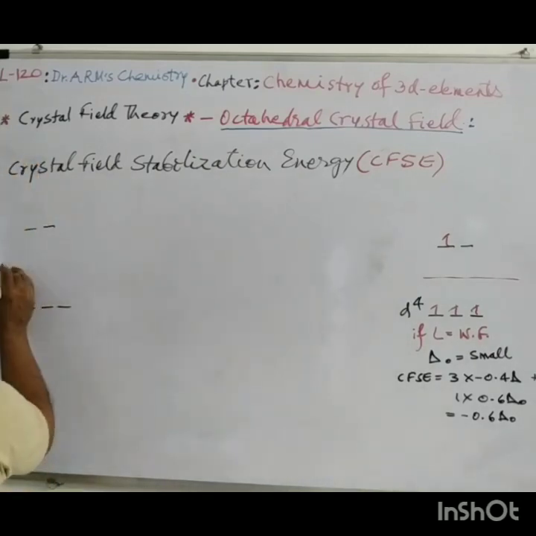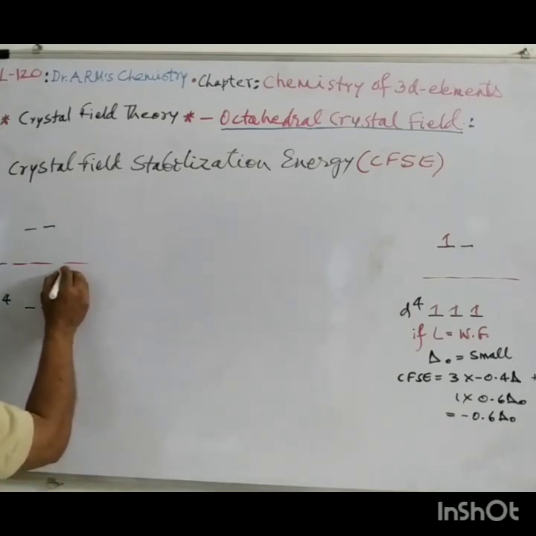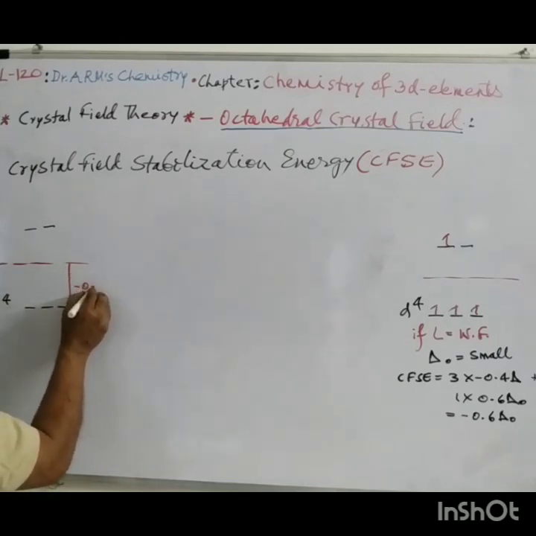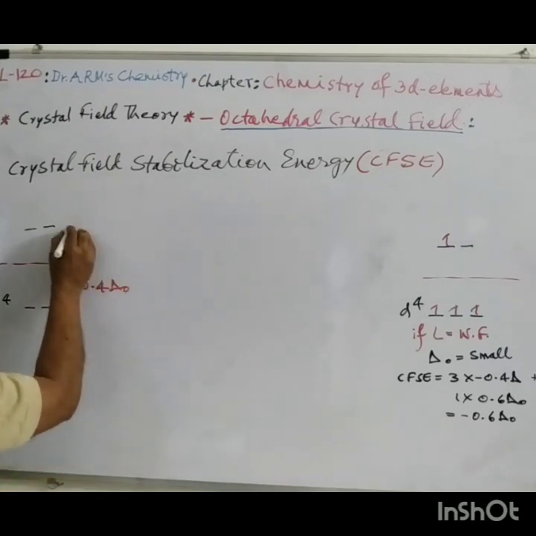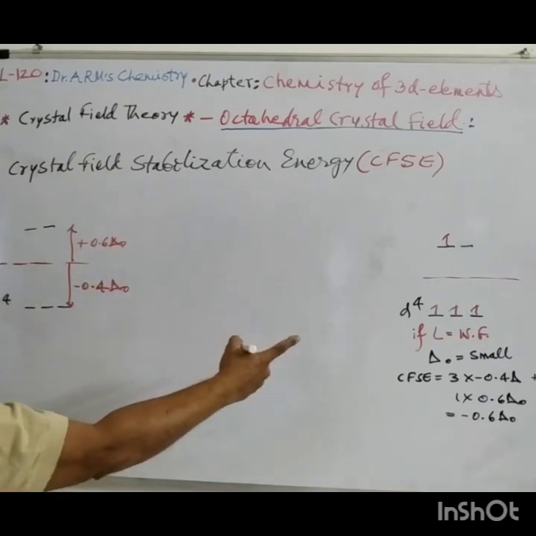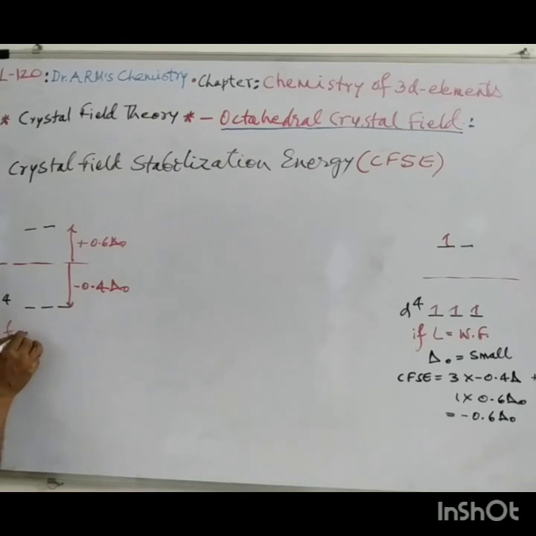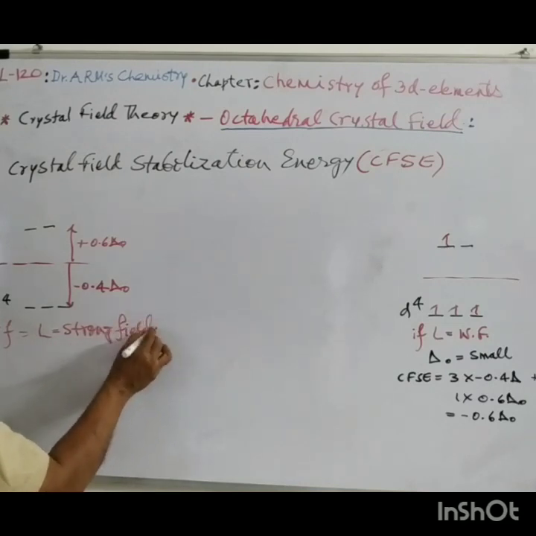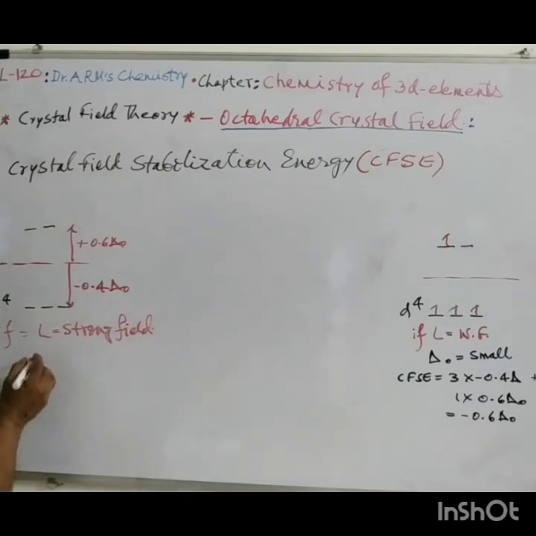Here you will find the delta values are the same: minus 0.4 delta O and plus 0.6 delta O. If the ligands are strong field, then delta O is large, and therefore the electrons are distributed like this.